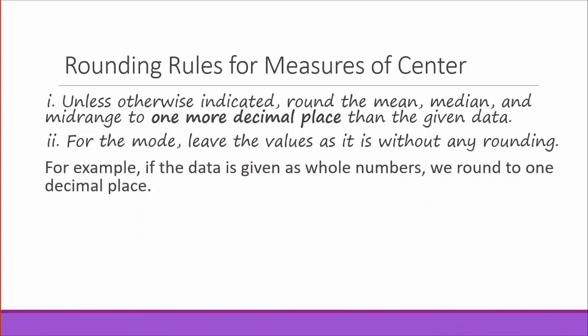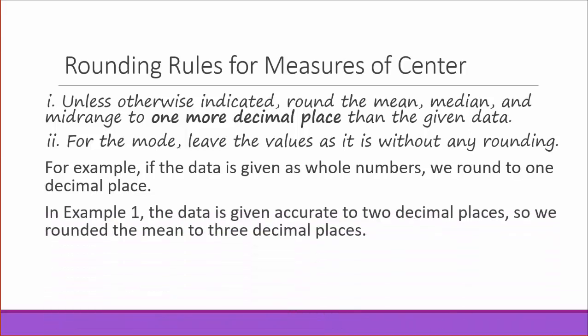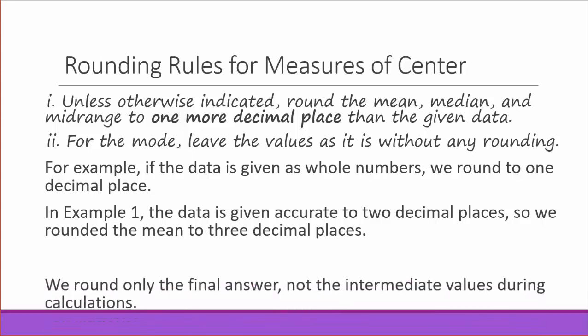For example, if the data is given as whole numbers, we want to round to one decimal place. All right, whole numbers have no decimals after them, so we round to one decimal place. If the data is given accurate to 2 decimal places, we round the mean to 3 decimal places. And that's just what we saw in that example just a moment ago.